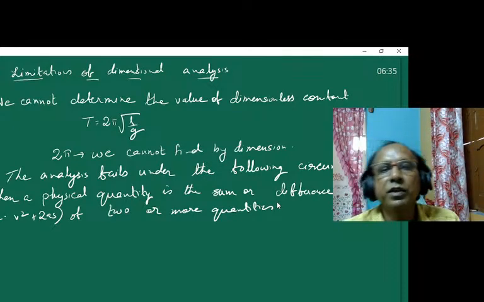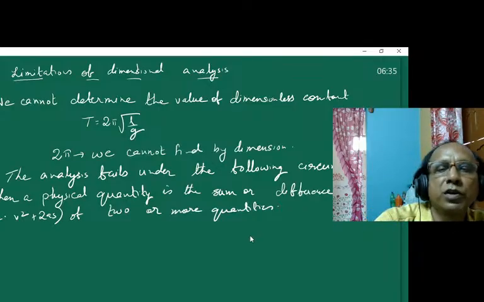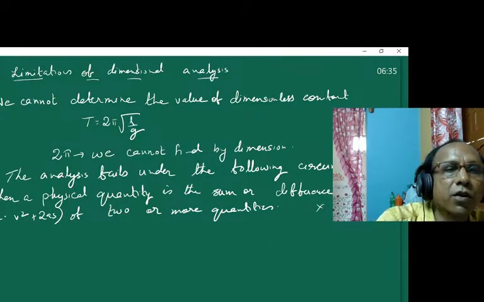When a physical quantity is the sum or difference of two or more quantities, this analysis fails. This is the drawback, these are the limitations of dimensional analysis.